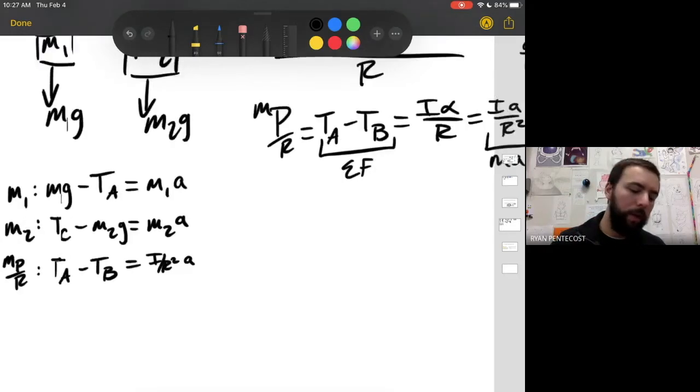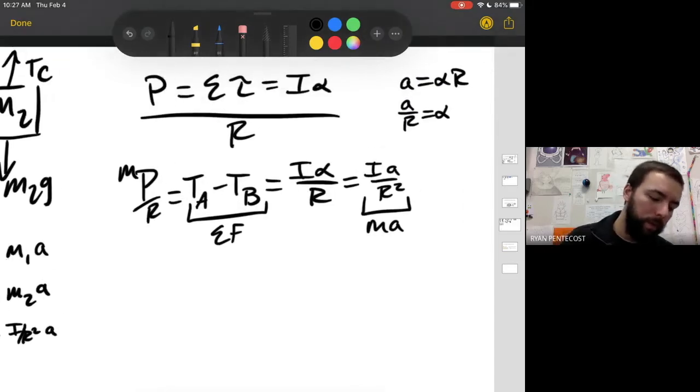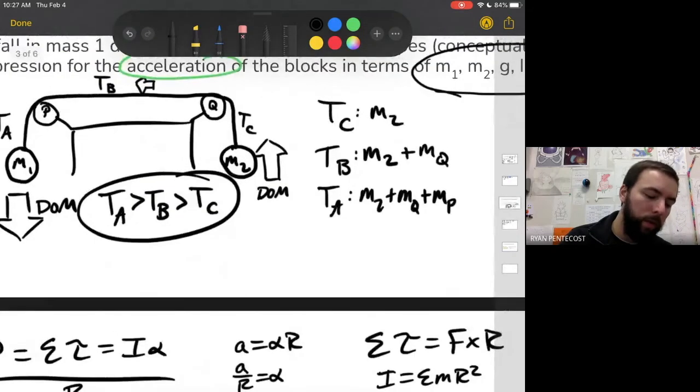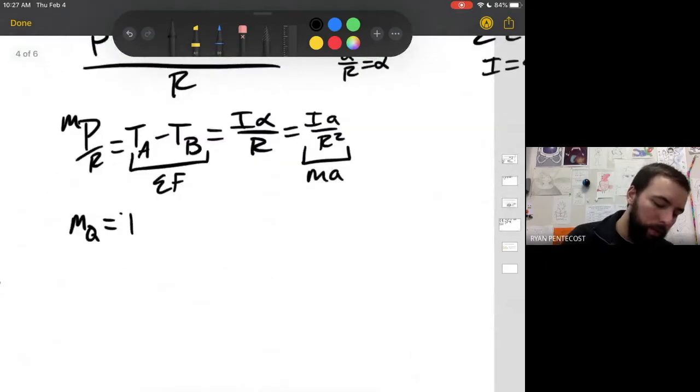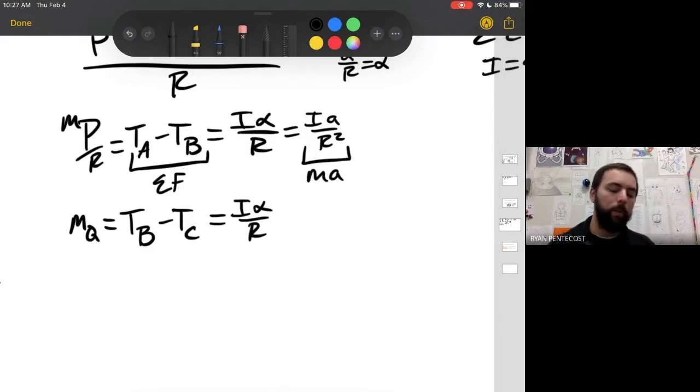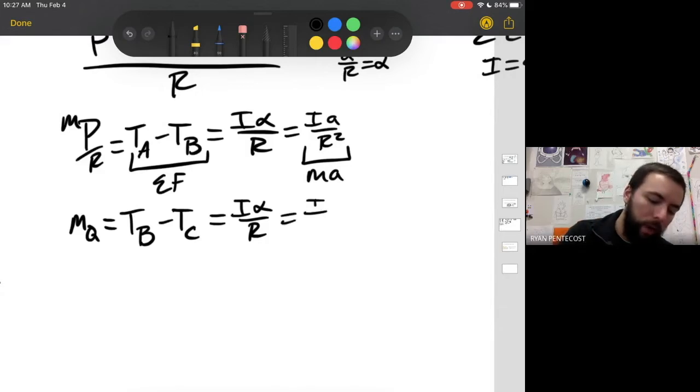Right? Now for Q. Okay. For MQ, let's look at our picture. Q is being pulled forward by B and resisted by C. So you've got TB minus TC, and that will equal I alpha divided by R, right? We're just assuming that we've already divided our summation of torque by radius. So this will again yield IA over R squared.